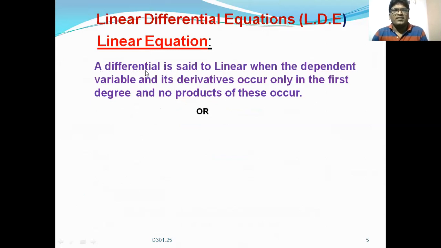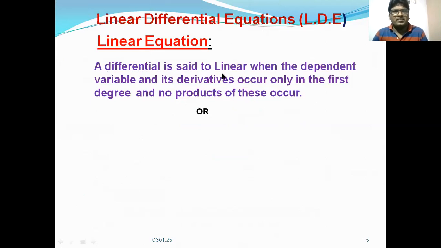A differential equation is said to be linear when the dependent variable and its derivatives occur only in the first degree and no product of the terms occur. I will repeat once again.